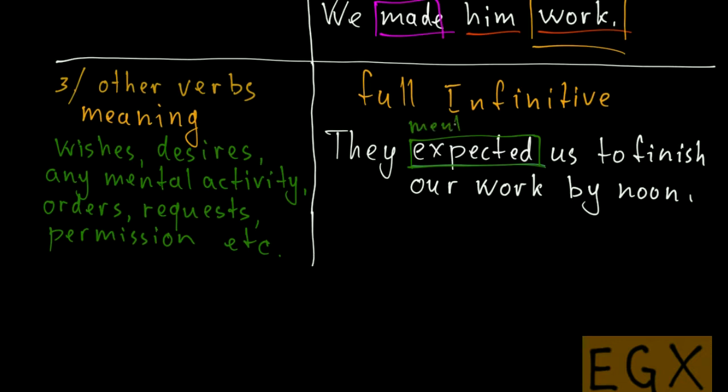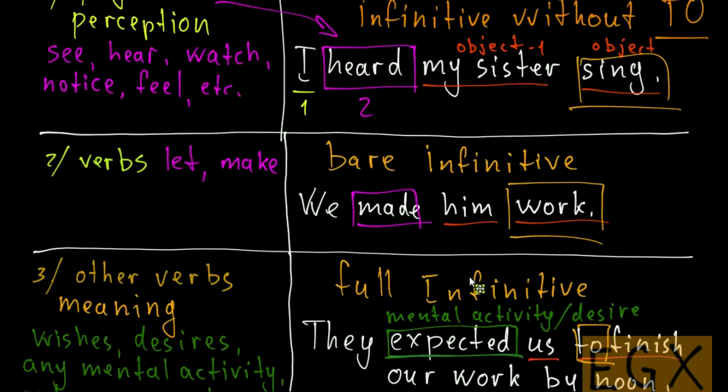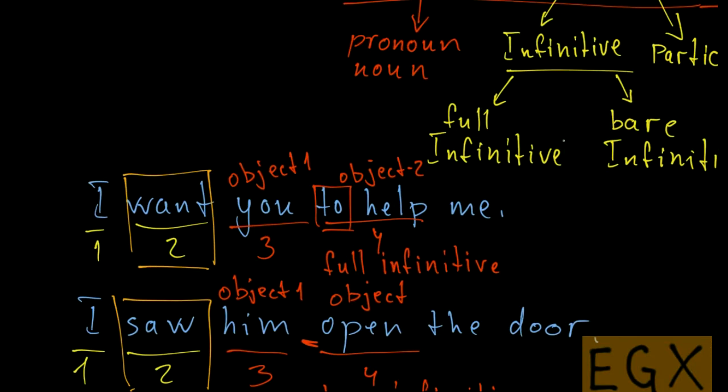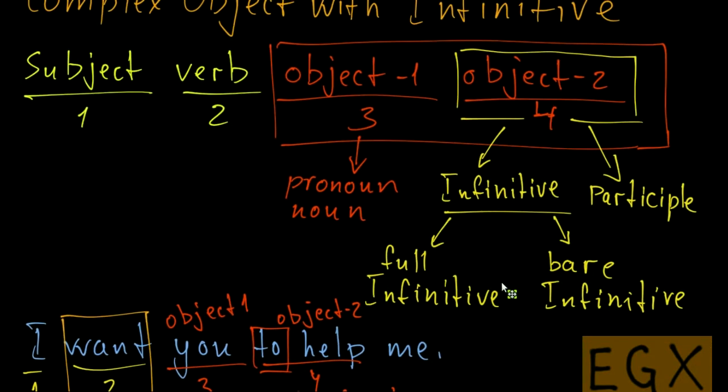So, mental activity, and of course some kind of desire. And then we have the first object and then the second object. And as you see, we have a full infinitive here. That's the case of using a complex object with infinitive.